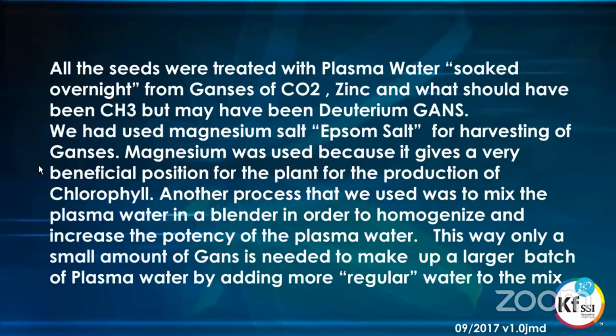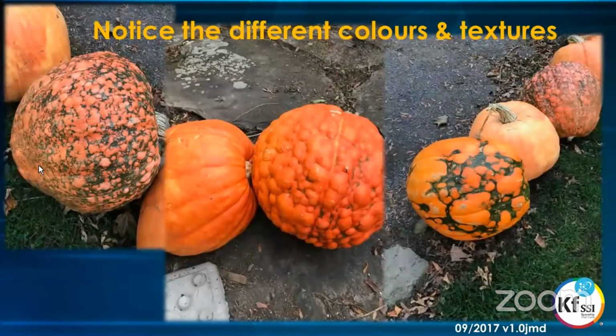So those are the various colors and textures of the pumpkins that came from one that should have been smooth and yellow, pinkish. So what may have happened here is very interesting. We can use CO2 liquid plasma to contaminate seeds, but not only that.